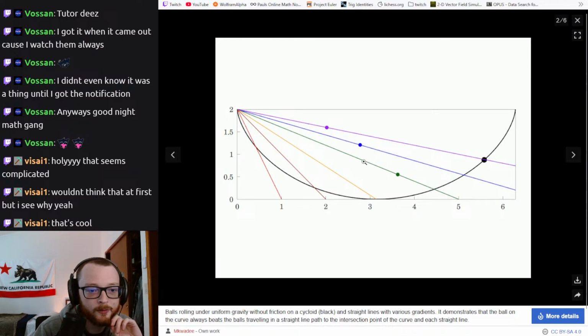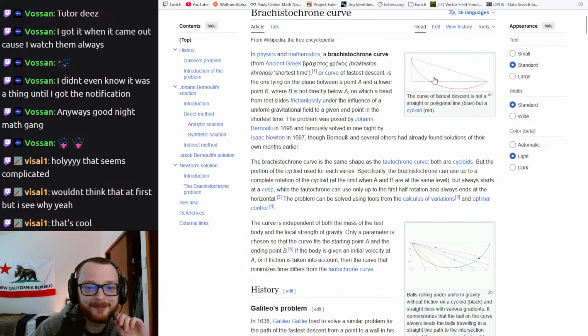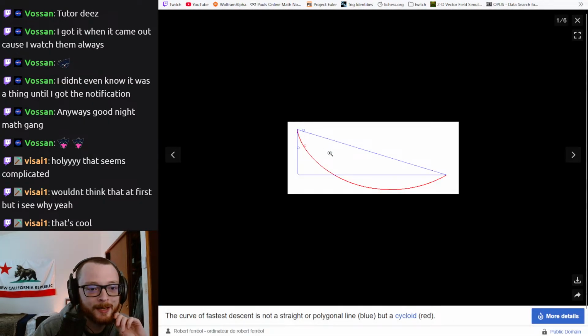Oh, okay, they chose some weird... I'm not a big fan of this graphic, the more I look at it. Is this more like what I was hoping for? Yeah, okay. So the optimal path is this red line that curves, and they compare it with a ramp and a straight line path. The point is that the one on the red curve is the fastest.